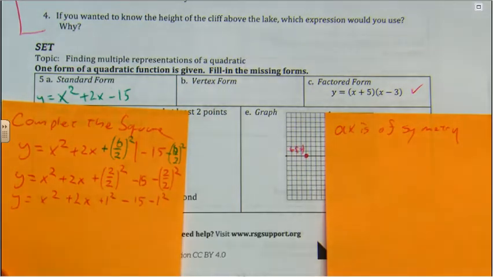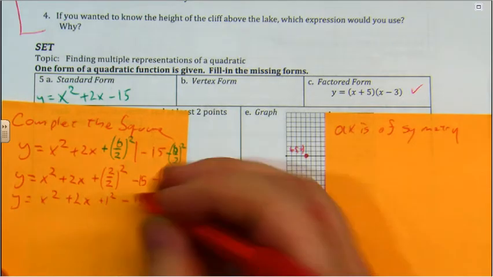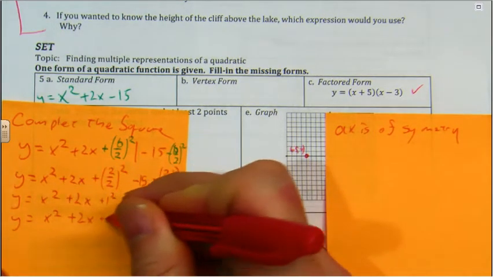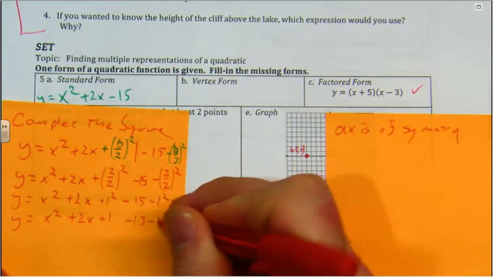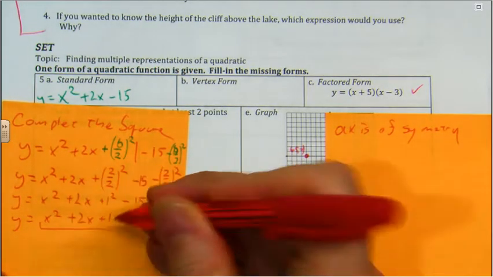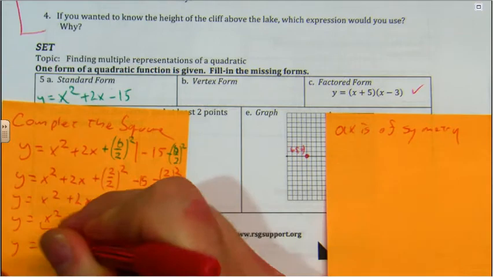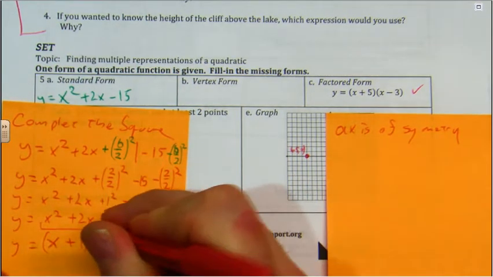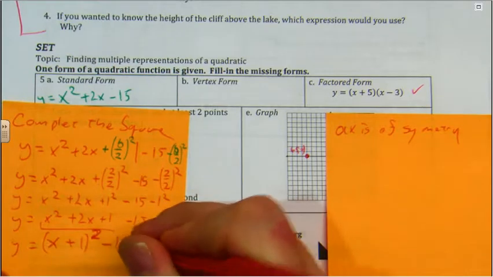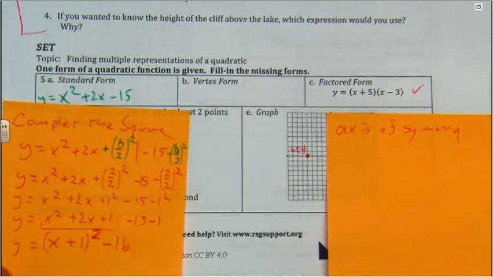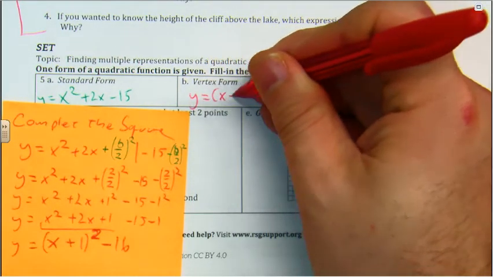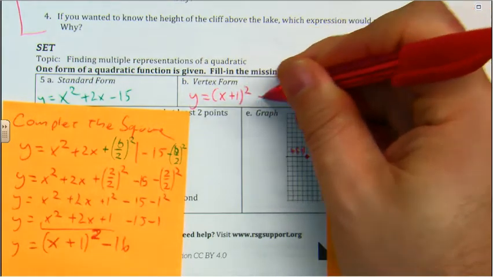Well, 1 squared is just 1. So this is y equals x squared plus 2x plus 1 minus 15 minus 1. So this is a perfect square. Y equals x plus 1 squared, and then this is going to be minus 16. So now I know my vertex. Okay, I know my vertex form is y equals x plus 1 squared minus 16.